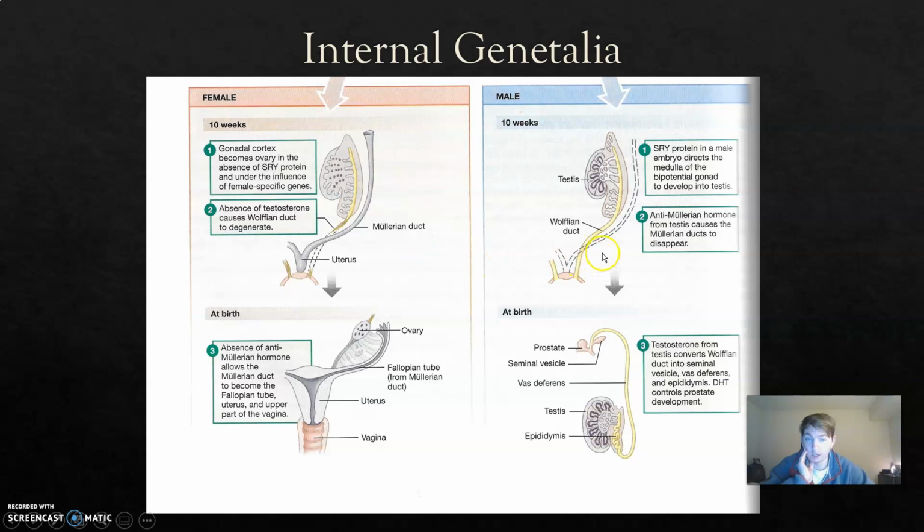Whereas the Wolffian duct in the male over here, it develops into your seminal vesicles, your vas deferens, and your epididymis. And the prostate is there as well. However, that actually develops more fully with DHT, or dihydrotestosterone, and it controls the prostate development.